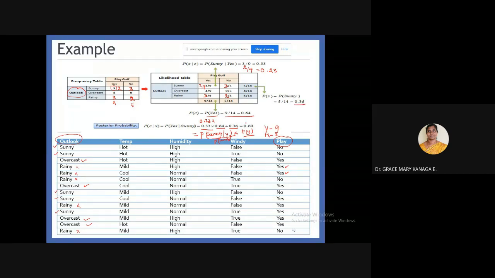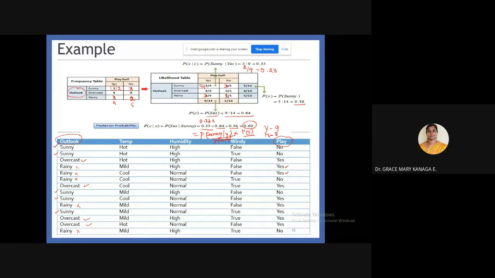So what is the total value? Now you just tell me. Multiply 0.23 into 0.64 divided by 0.36. Tell me the value. Make it fast.